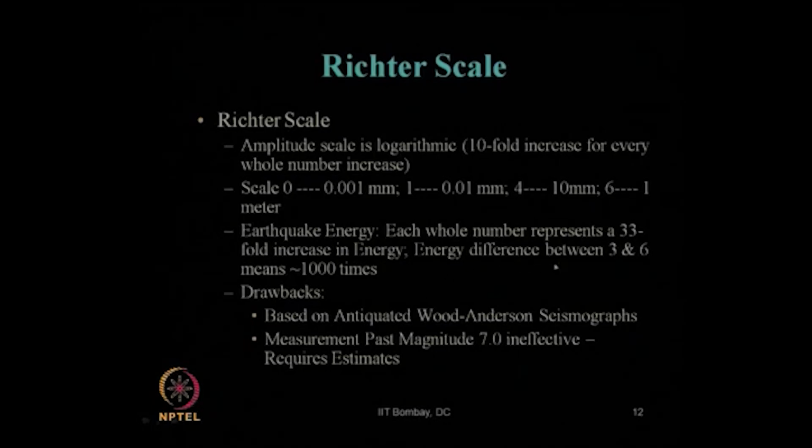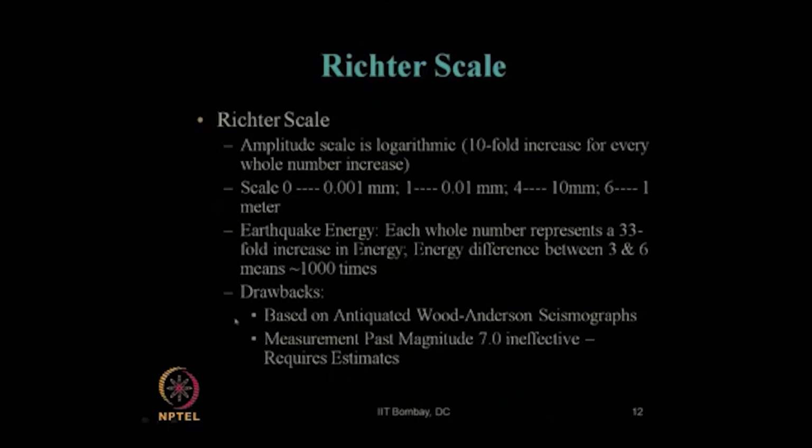So, automatically the energy difference between an earthquake of Richter magnitude 3 and 6 will mean that there is an energy release of 1000 times. Clear?